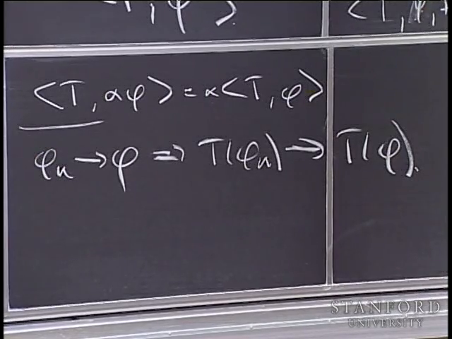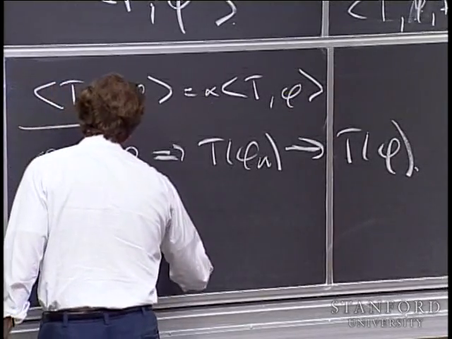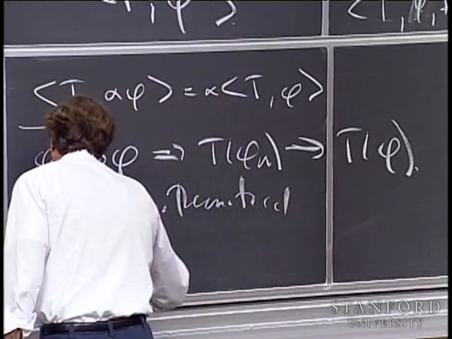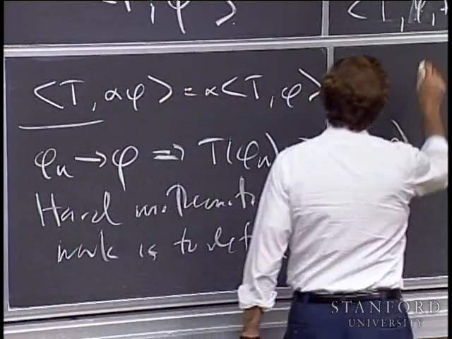You think of phi as something to be measured, and T is the thing that does the measuring. Now, one quick comment about the mathematical foundation for this. The hard work in all of this is this statement right here: phi n converges to phi. The hard mathematical work is to define phi n converging to phi.